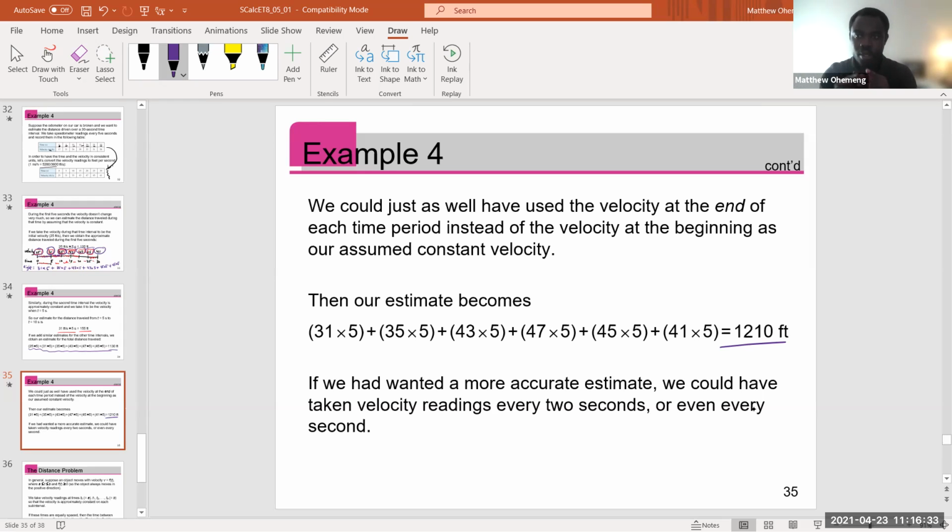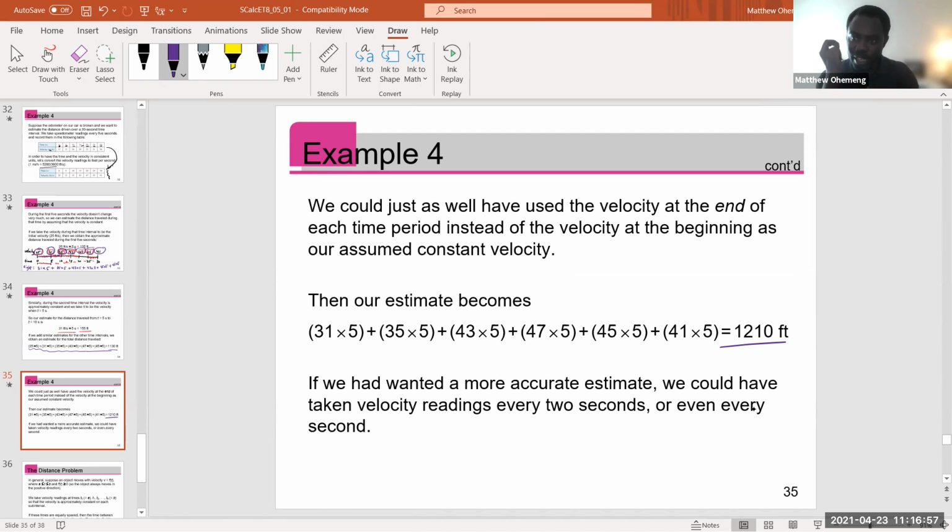Because as I argued, if you're traveling within 1 second, it's more likely your velocity will remain the same than over a distance of, say, 5 seconds, right? So if I shrink the time to be very, very small, then my estimate of my velocity will be very accurate. That is, the fact that it's constant will be very accurate.